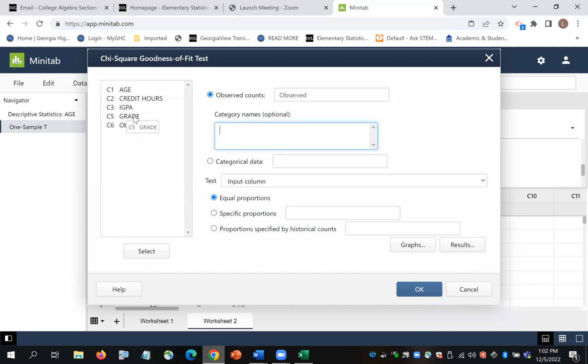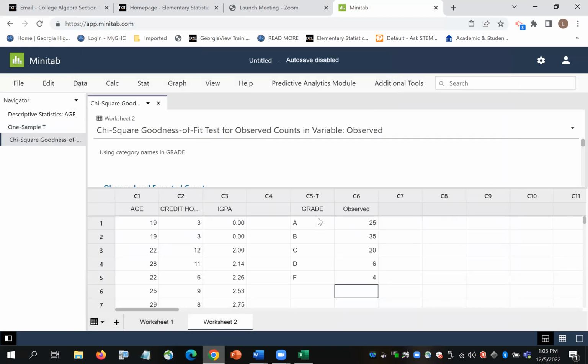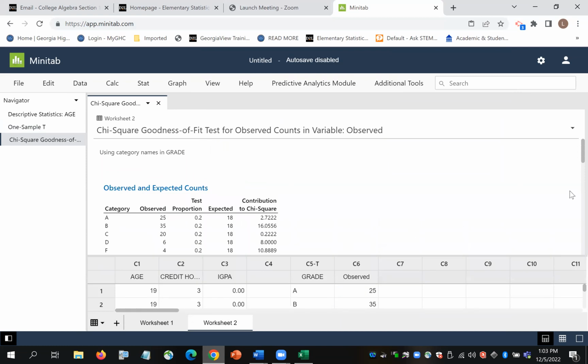My category names are in column 5. And in this problem, we are doing equal proportions. So I leave the box next to equal proportions marked. I click OK. And Minitab does all the work.